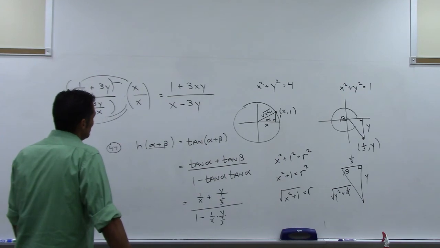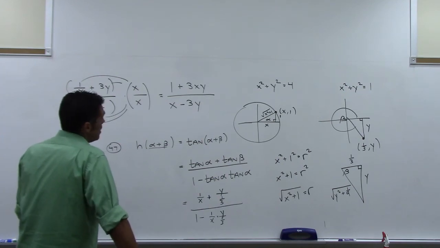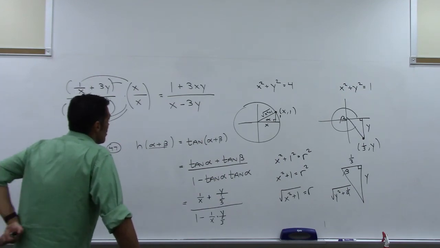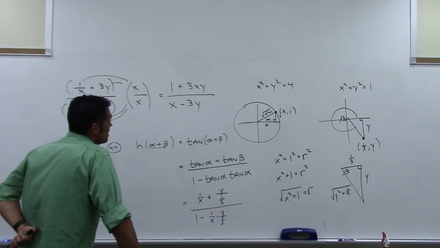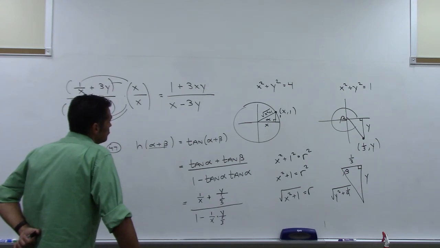And so now what we can do is we can try and solve these for, like, replace the x and the y's. Man, that looks like a real pain. I don't like that at all.